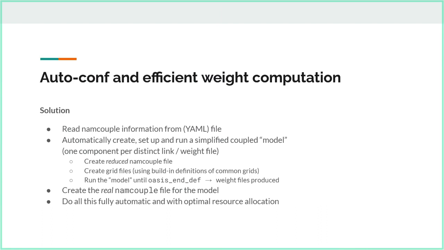For that, the num couple, since we have this nice object, has an option to reduce itself to throw away all links that would result in the same set of weight files. It has only the links that are distinct.